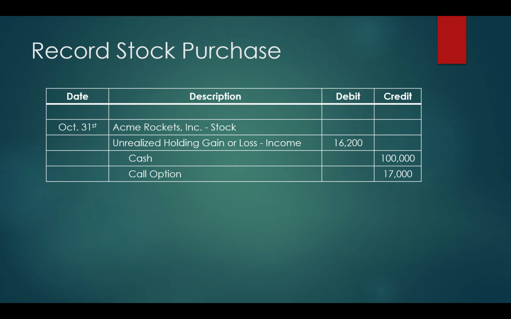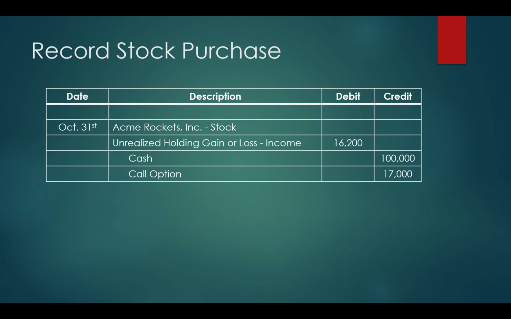To record the stock purchase, we zero out the unrealized holding gain or loss income account by debiting it $16,200. We will zero the call option by crediting it $17,000 intrinsic value. We will also credit cash by $100,000 to pay for the 1,000 shares at the strike price of $100.